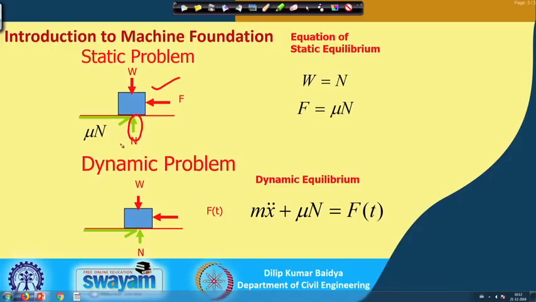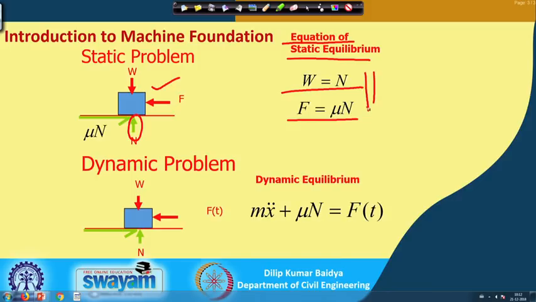Since it is a static problem, we can apply the static equilibrium equations, where summation of force equals 0 and summation of moment equals 0. Here since there is no moment, we take the force in the vertical direction and the force in the horizontal direction.